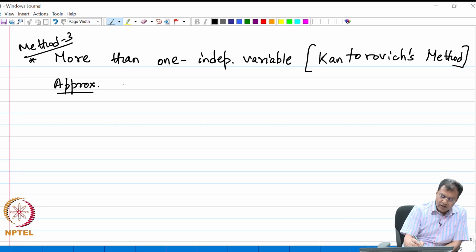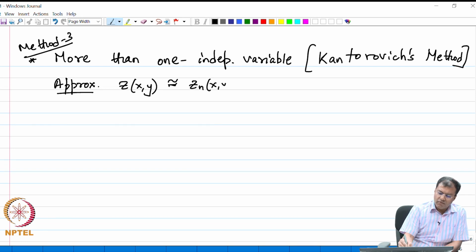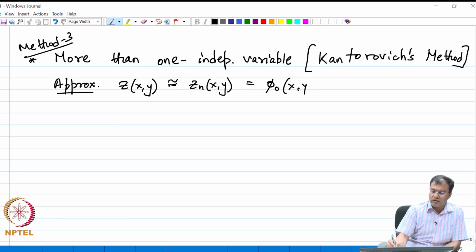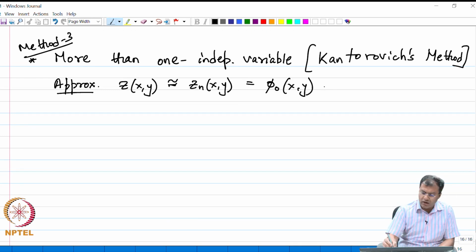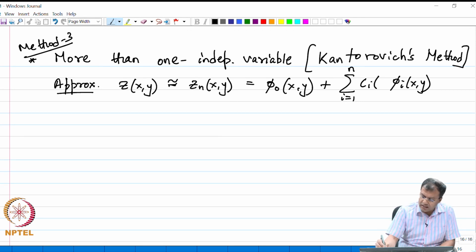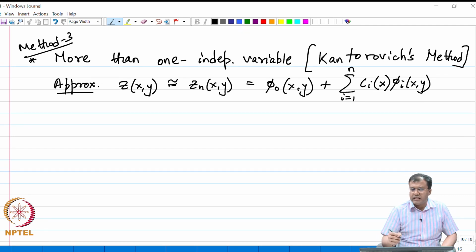We approximate it as Zn of x comma y, where now my basis functions are both functions of x and y, but notice how I write the unknowns: summation i from 1 to n of C_i of phi_i of x comma y, except that the only difference now is that these C_i's are no longer constants, but functions of one of the variables, x.